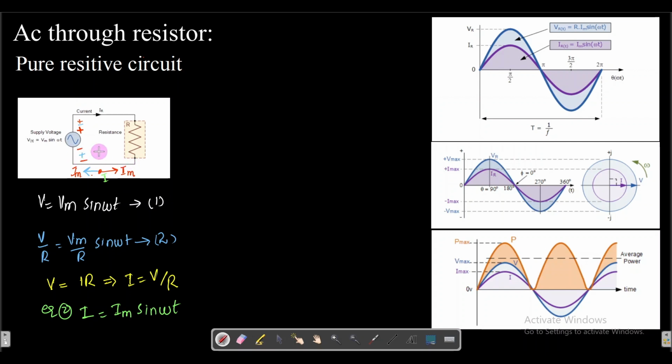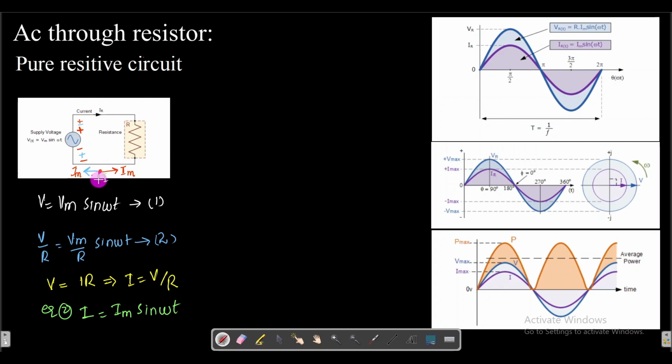So why this angular velocity? You may think that the motion of this electron is translational, so why do we put omega here? The answer is that this electron is vibrating, and we can draw the vibration of the electron in the phasor diagram.